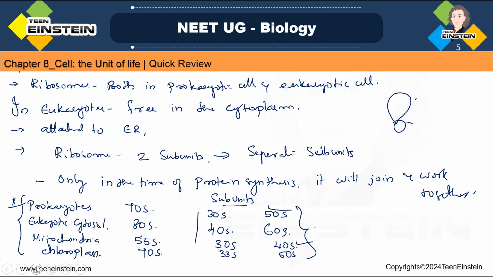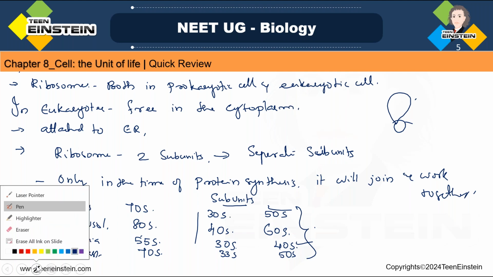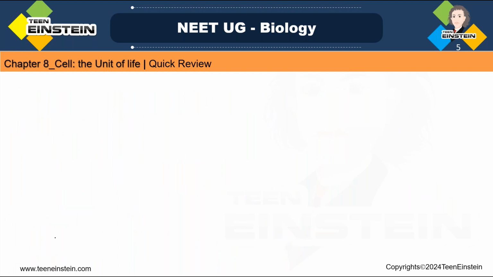Then we said only during protein synthesis both subunits will join together and work for protein synthesis. The two subunits of ribosomes are associated with the help of Mg2+ ions. Now we have seen the subunits of each type of ribosome, right?